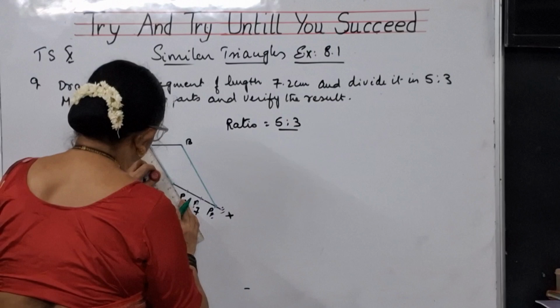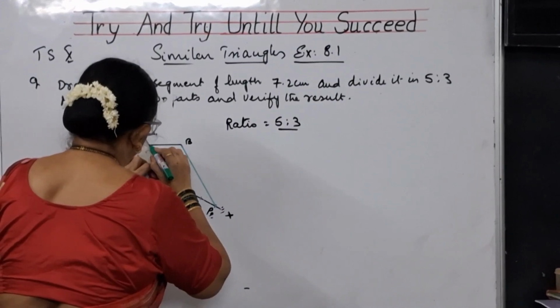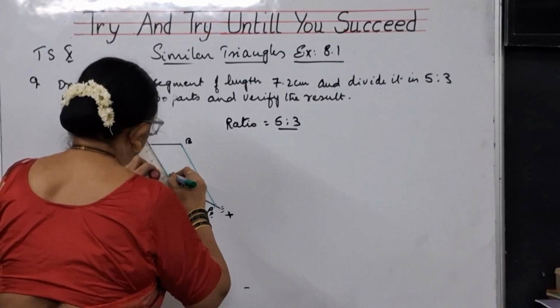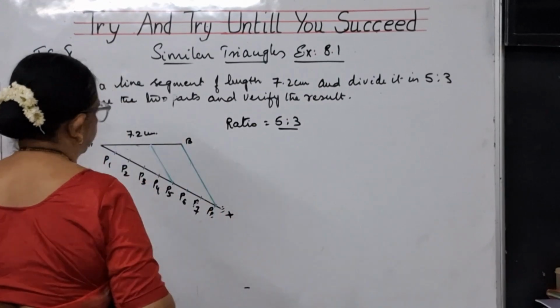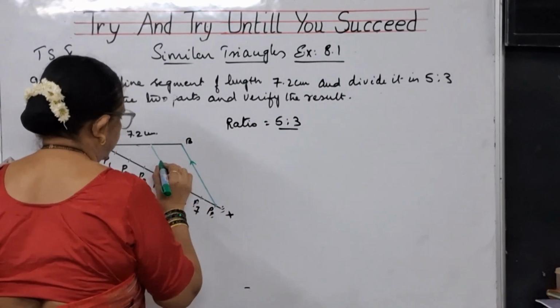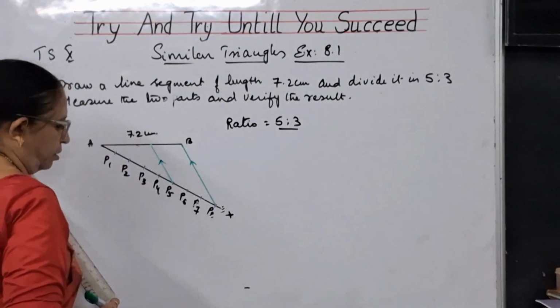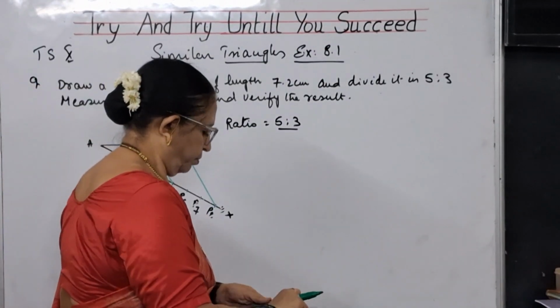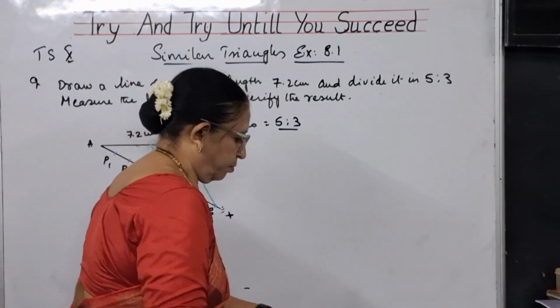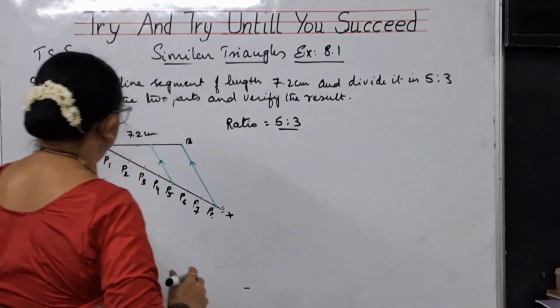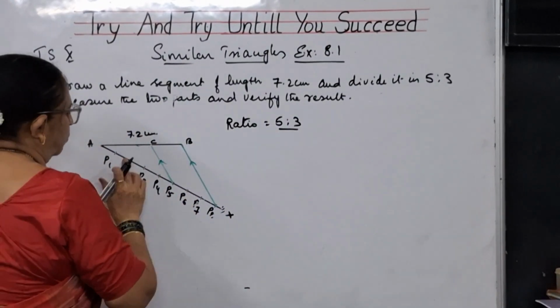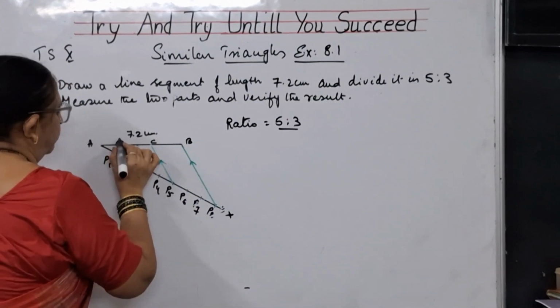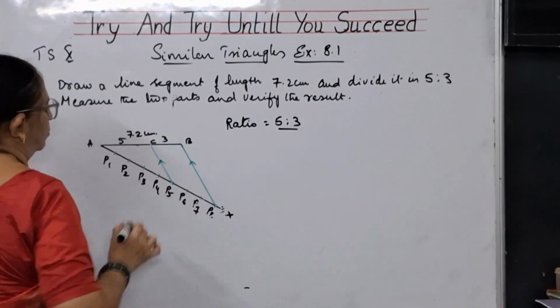Let me thicken it. It is very light, it has come. So this is P5. So these two lines are parallel. Now the point where it touches, let me write C. See, now this is divided in 5 and 3 ratio.